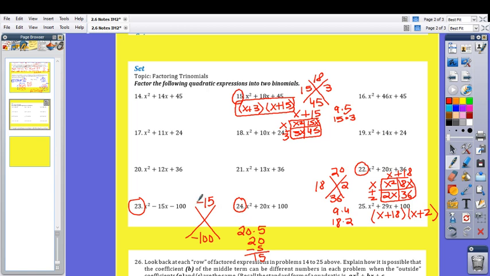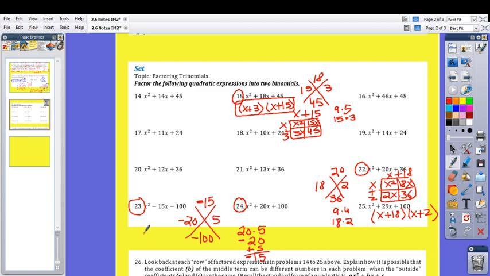Now because your difference is also negative, that means your bigger number is negative, so this will be negative and this will be positive to give you negative 15. So then we will be splitting it into negative 20 and positive 5.